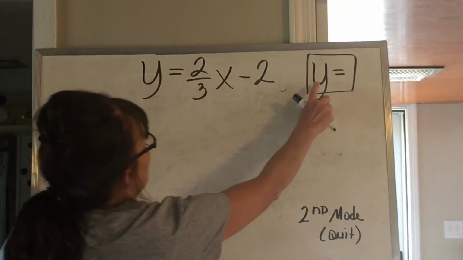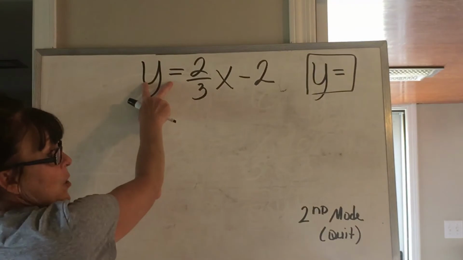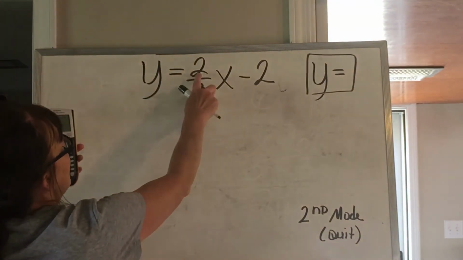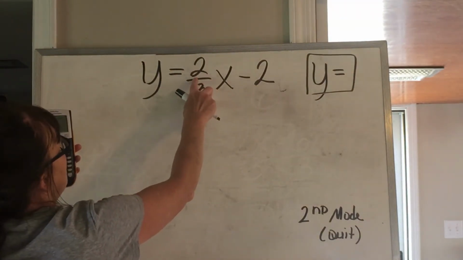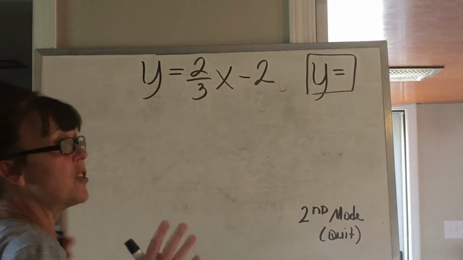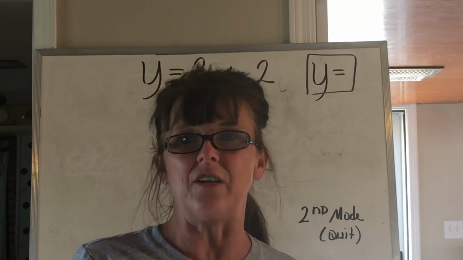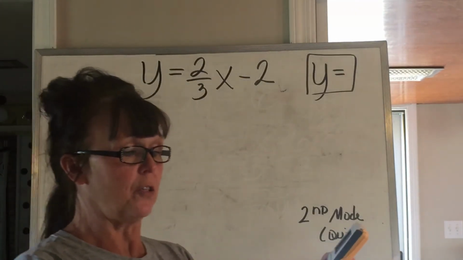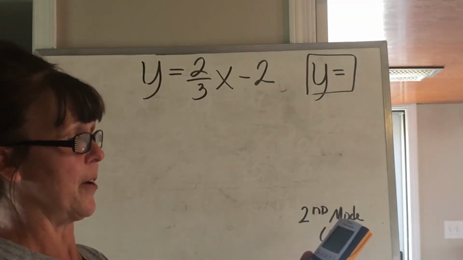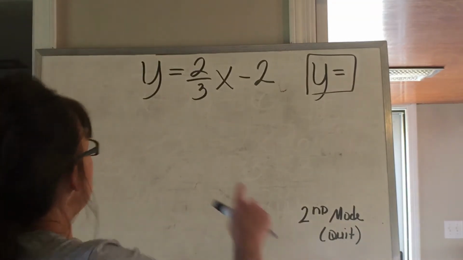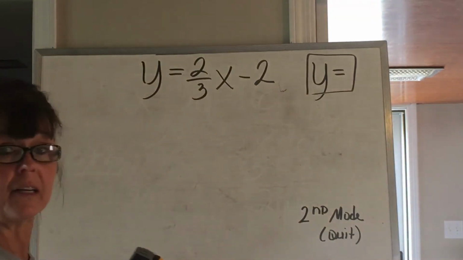So if you're going to y equal, this part is already typed in. So that's why you go 2 divided by 3. And yeah, for the fraction bar, you can use your alpha y equal. I always just use a division sign. So I'm going to go 2 divided by 3. And then how do you type in an x?